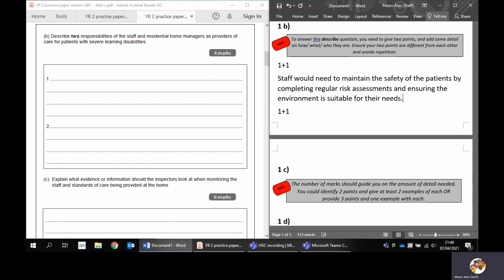There we go. That's one thing ticked off. So they need to maintain safety and make sure the environment's safe.